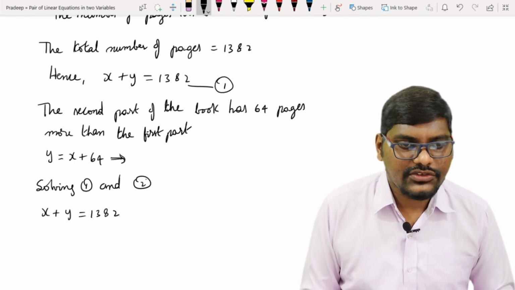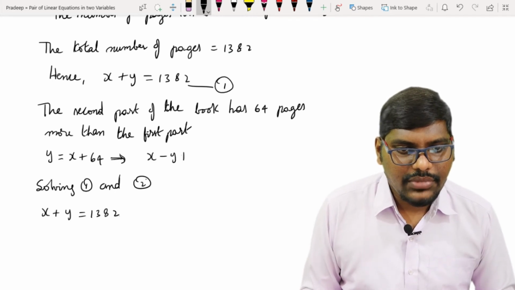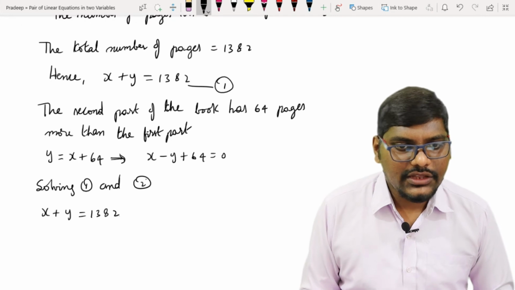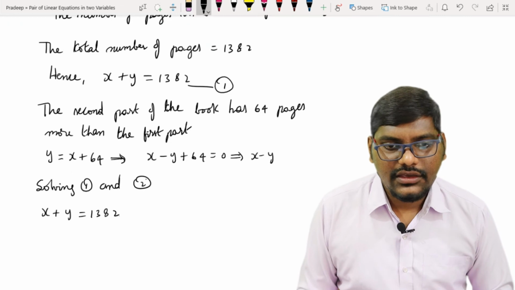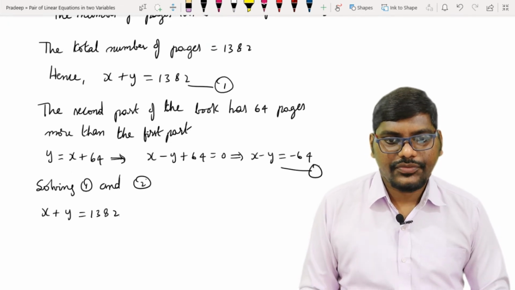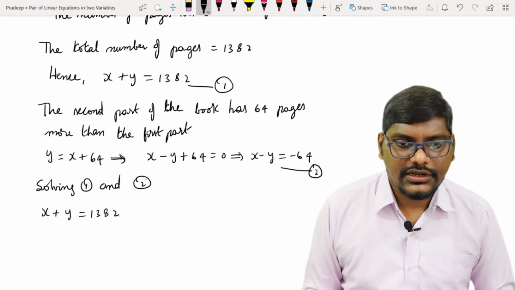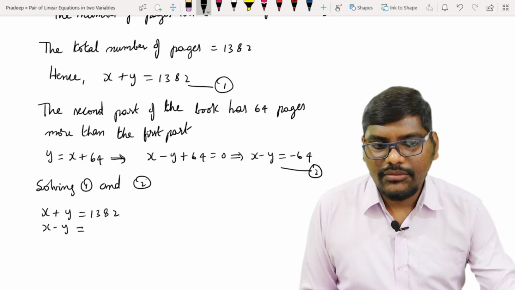If I send this y to this side, I can write x minus y plus 64 equal to 0, and this 64 I'll send to the other side again. So this is x minus y equal to minus 64. So let's say this is the second equation. Okay, so now I'll solve that. So I can write x minus y equal to minus 64.